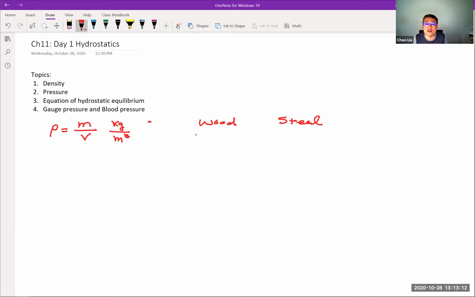Another unit that we use a lot is gram per centimeter cubed. You can also rewrite this unit as gram per cc, right? So what does the cc represent? It represents cubic centimeter, all right? So centimeter cubed is also equal to cc.